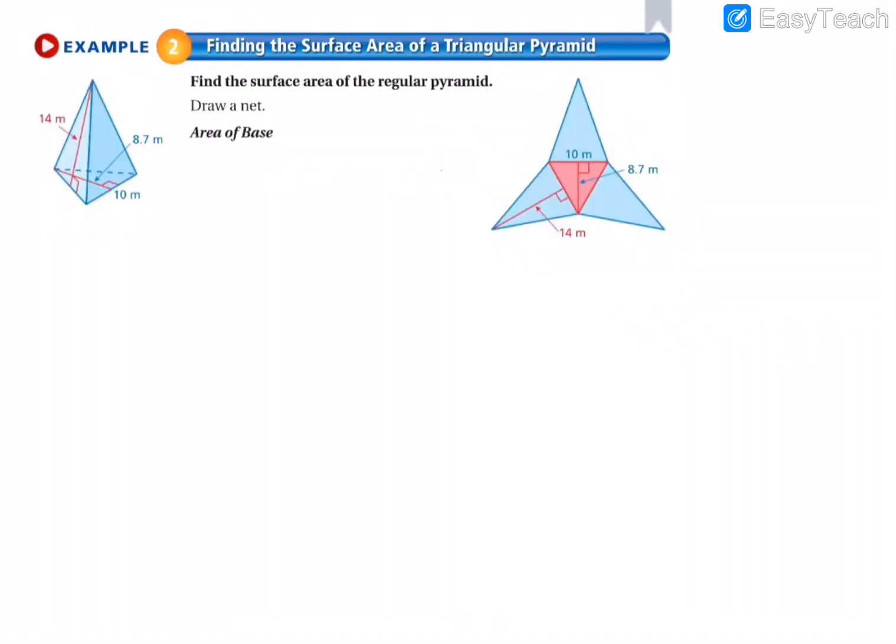All right, for example 2, finding the surface area of a triangular pyramid. So this one we know is a triangular pyramid because its base is a triangle. So if its base is a triangle, that means there's only 3 sides, which means there's only 3 triangle faces, okay? Now, this particular triangle is not an equilateral triangle as far as I'm talking about the base itself.